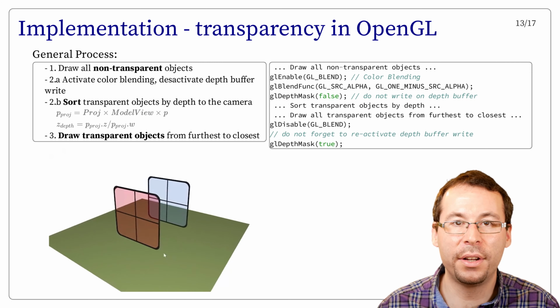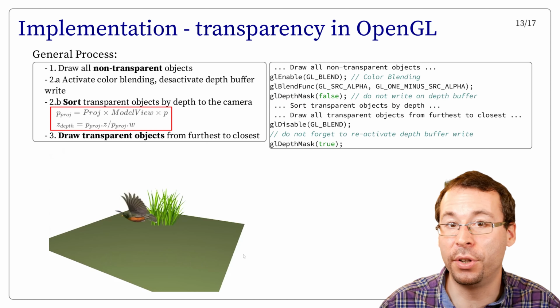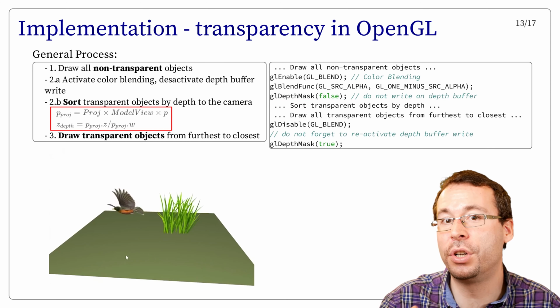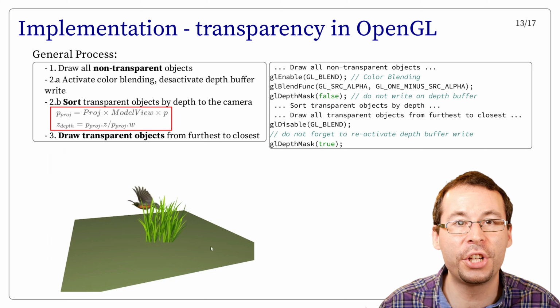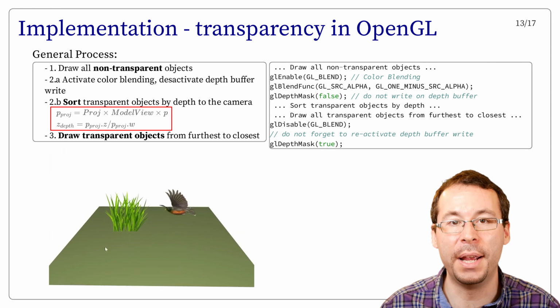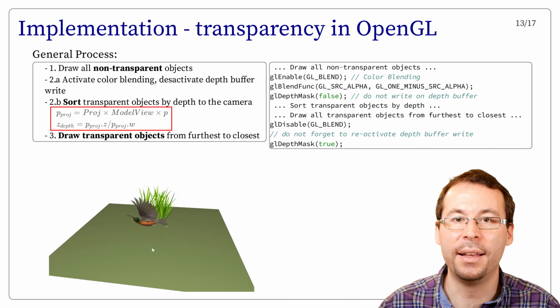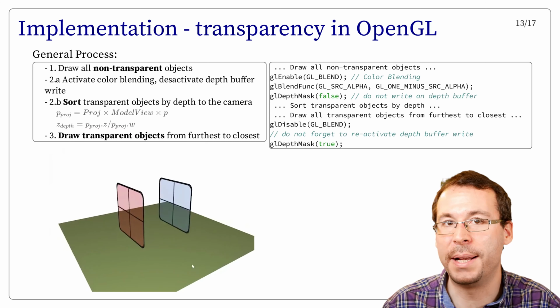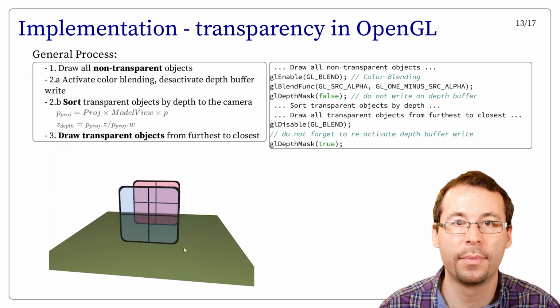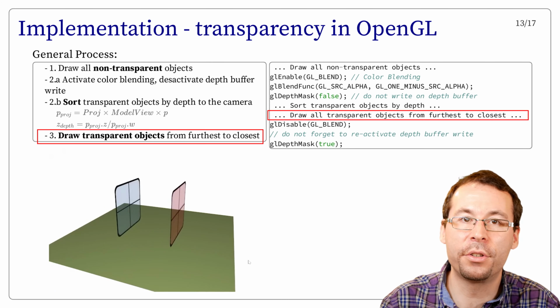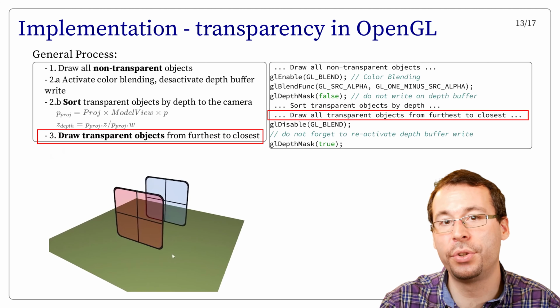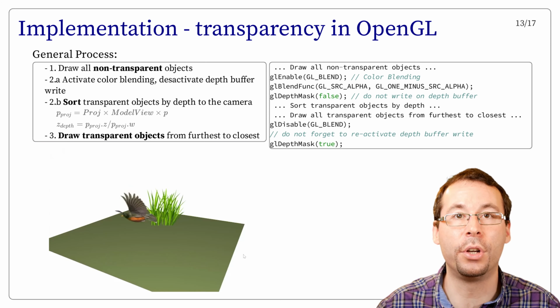As a reminder, you can compute the depth of a point relative to the camera by multiplying the coordinate of the point with the projection and model view matrices, and then getting the z coordinate after normalization. And finally, you display the transparent objects from furthest to closest to get them in the correct order.